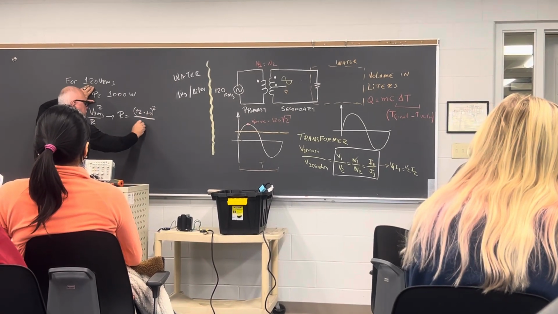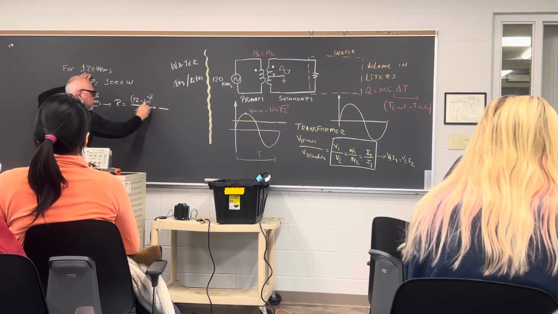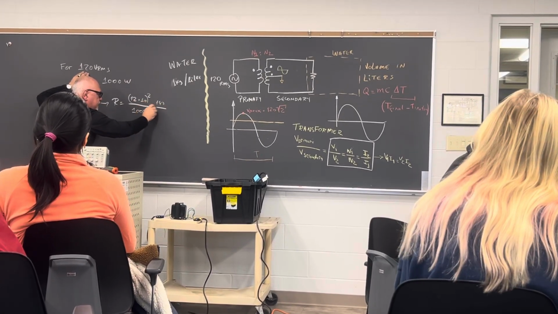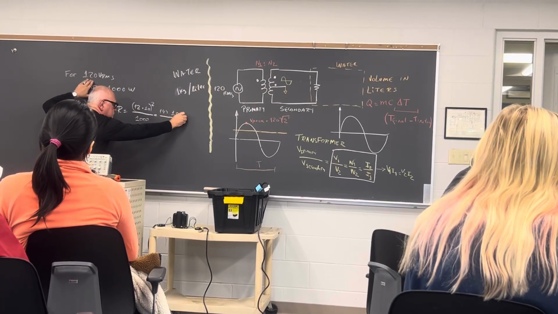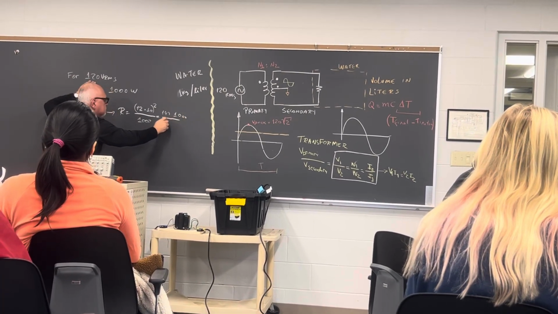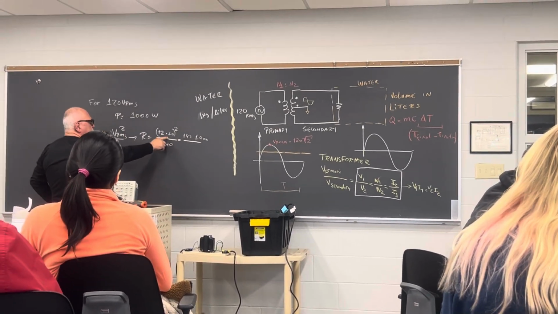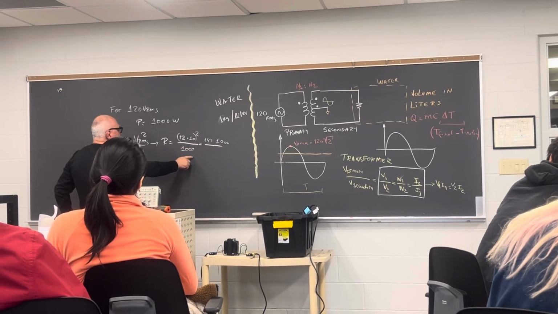Because I'm going to make an approximation very quickly. 12 squared is 144. 10 squared is 100.